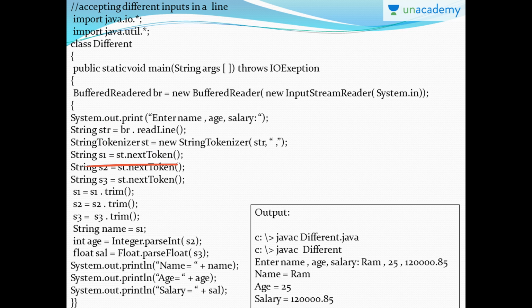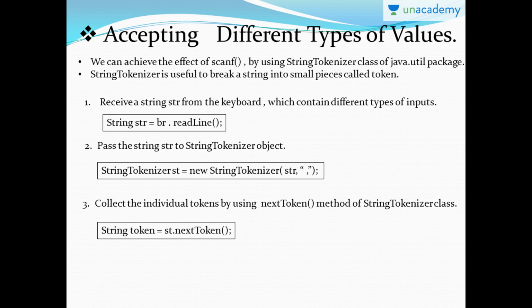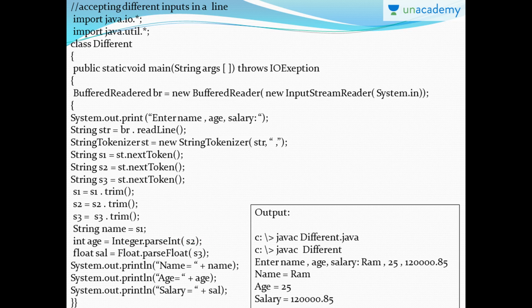Now we write them using nextToken to store them as tokens. All these are what we discussed here, these nextToken statements. I'm storing them in S1, S2 and S3 for our convenience.